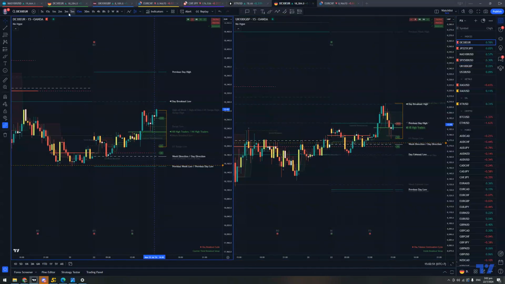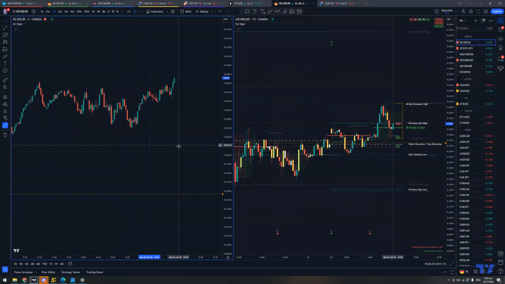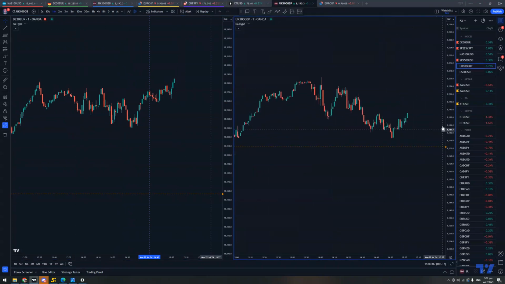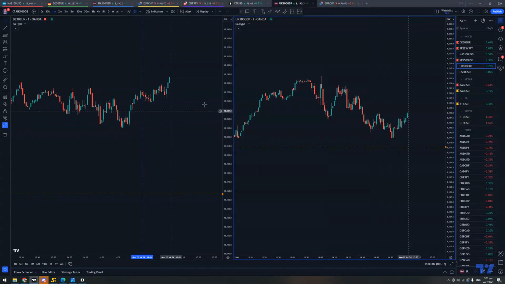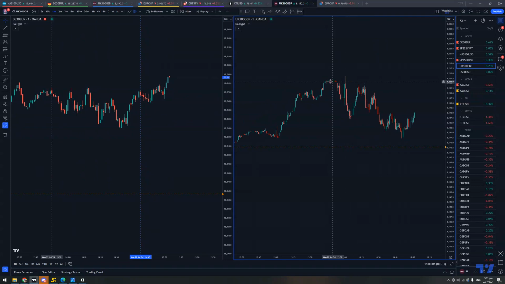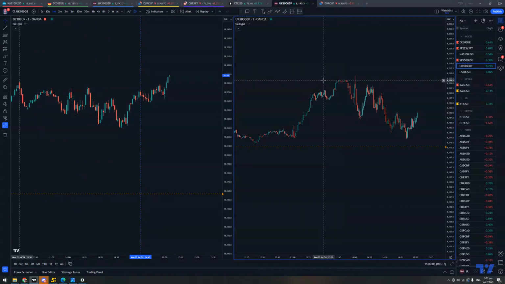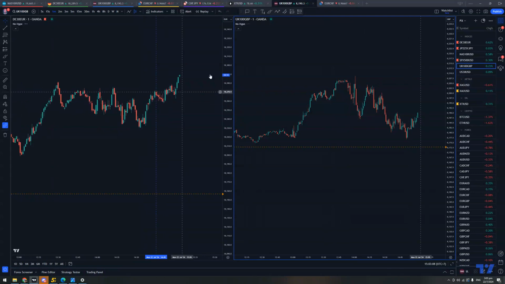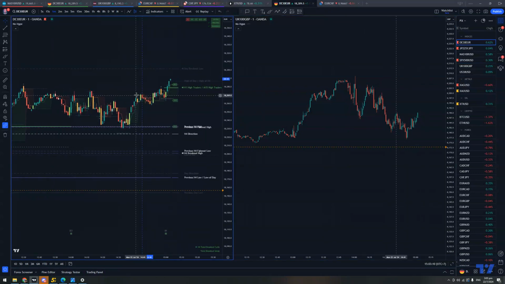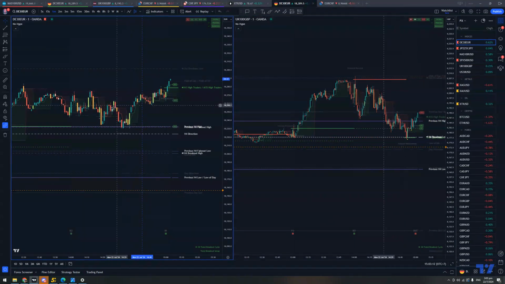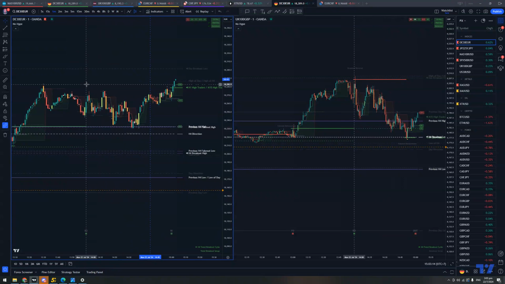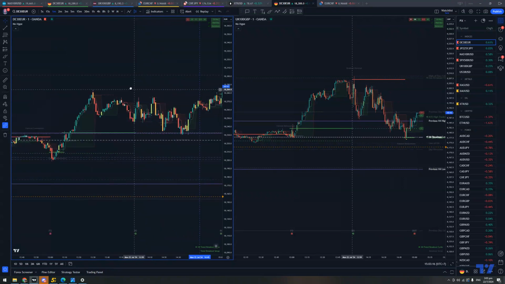What I needed to see to counter that move is a fake out of the previous H1 high. Between the two of them, only UK100 faked out the previous H1 high. On DE30, there was no fake out of the H1 high, right here at London Open.